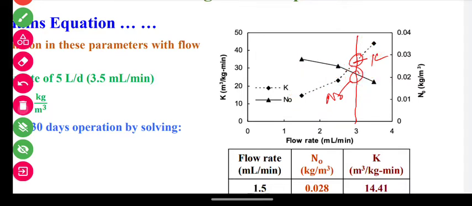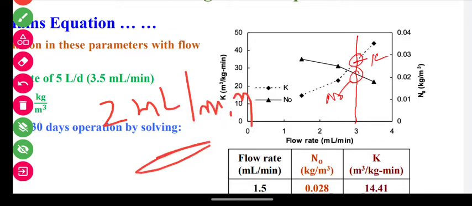Now you are required to calculate, for example in this question, sir has asked to calculate at 3.5 or 5 liter per day or 3.5 ml per minute. For example, suppose sir asked in the question to calculate at 2 ml per minute. In that case, you just draw this line at 2 ml.